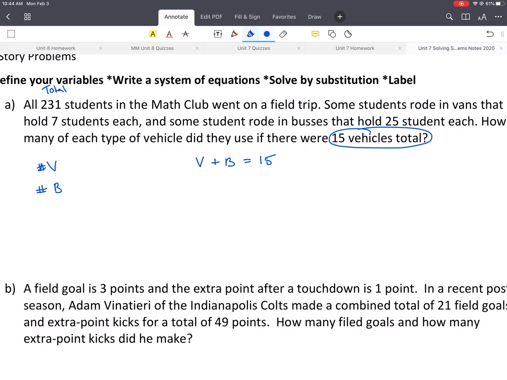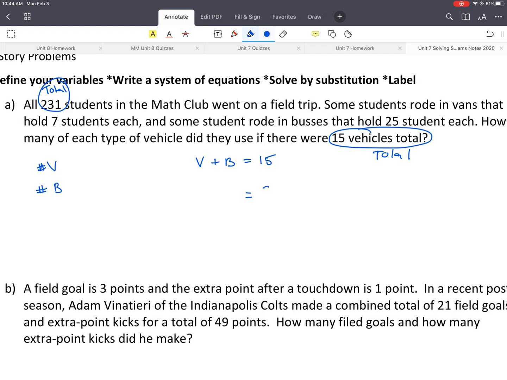And usually one of your equations will be just like that. You'll have the two variables added together and then just the total of those type of variables, which is vehicles. Okay? And for this other equation, this is a total, and we also had all of the students, that's also a total.